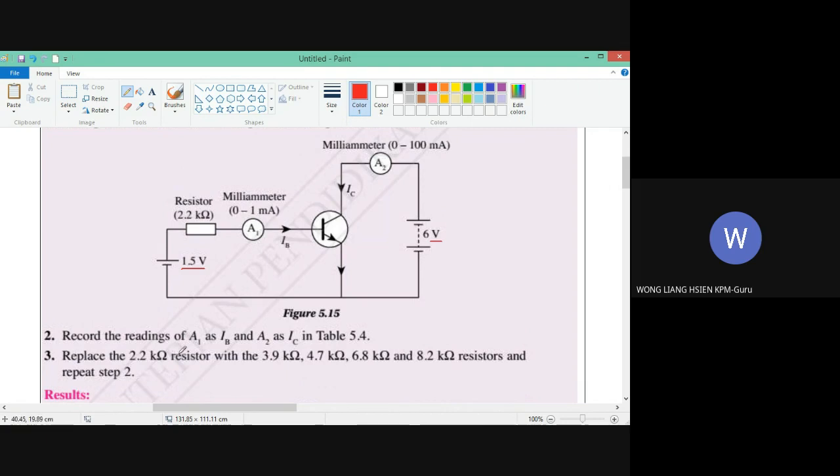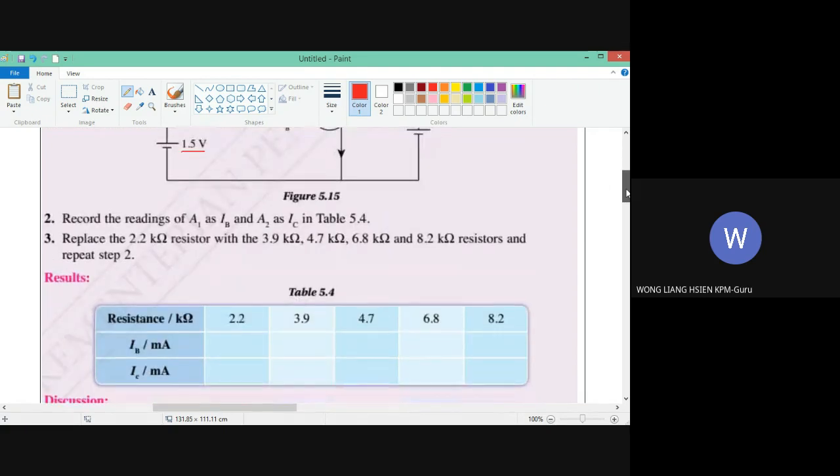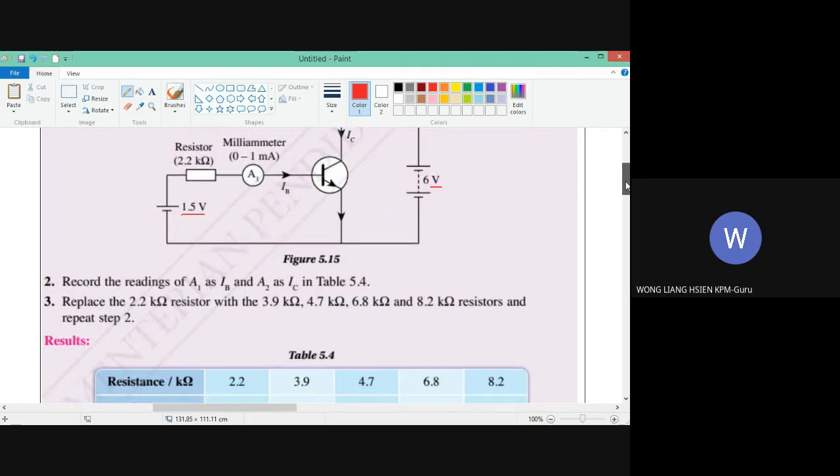First we record when this resistor is 2.2 kilo ohm. Then we replace the 2.2 kilo ohm resistor with 3.9, 4.7, 6.8, and 8.2 kilo ohm.